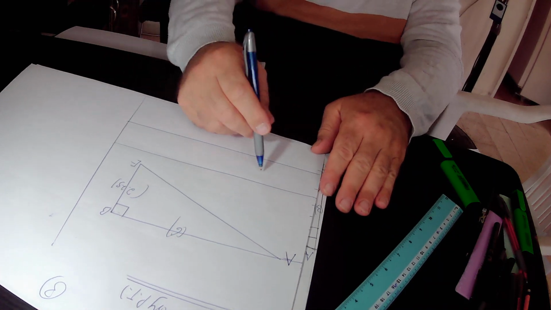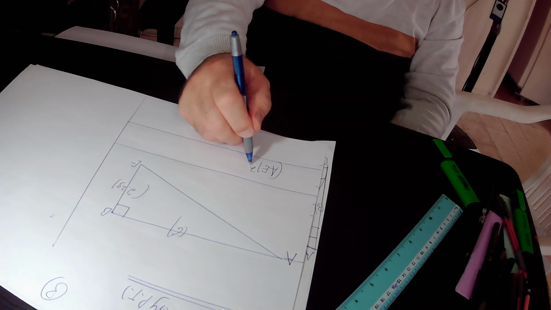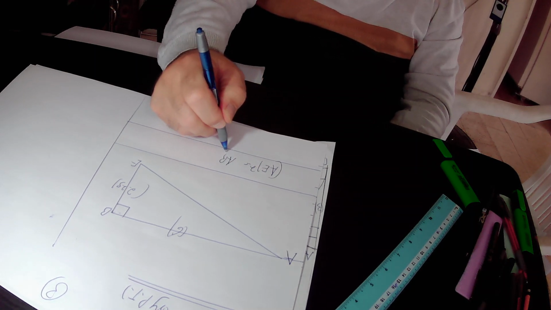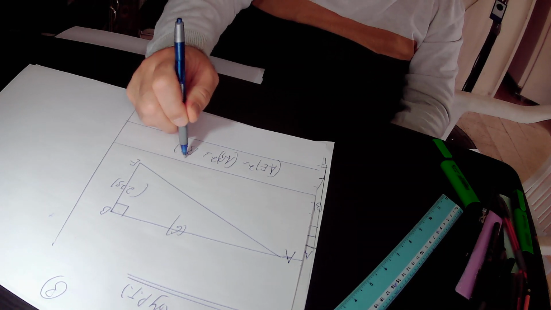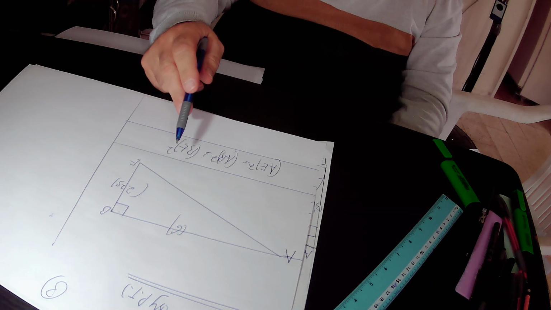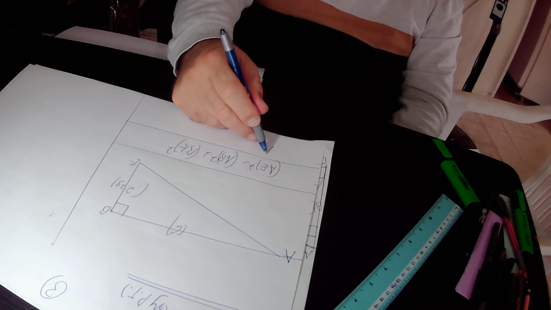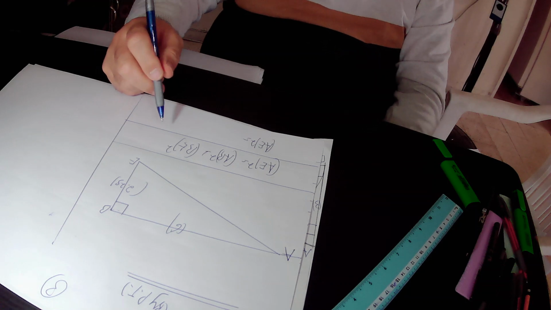AE square, that is the square of the hypotenuse, must be equal to AB square plus BE square. The hypotenuse AE is the missing side, so we will leave it as it is. So AE square equals AB square.